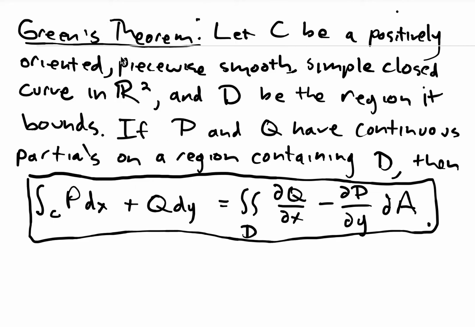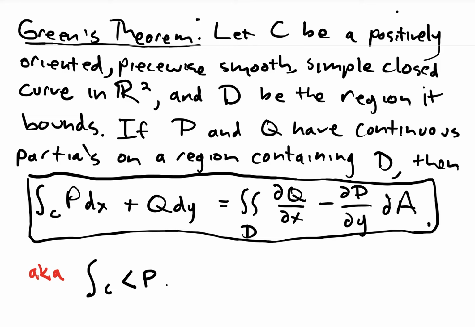Now, again, I do want to emphasize this is not necessarily the only way you are going to run into this formula. You could also see it expressed in this manner.